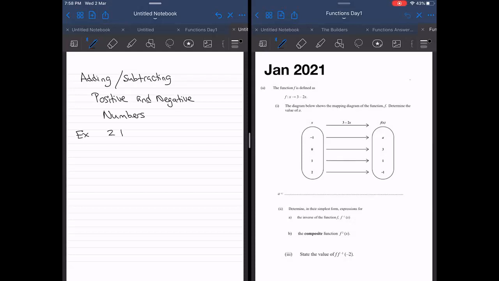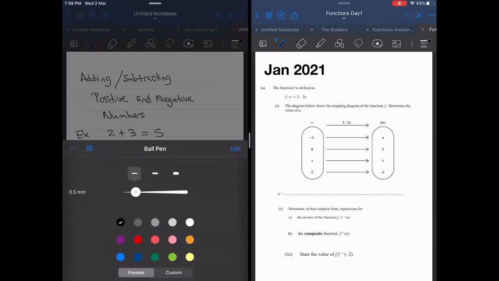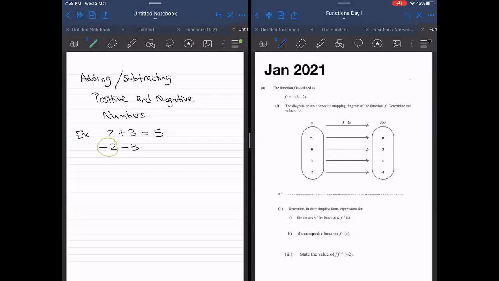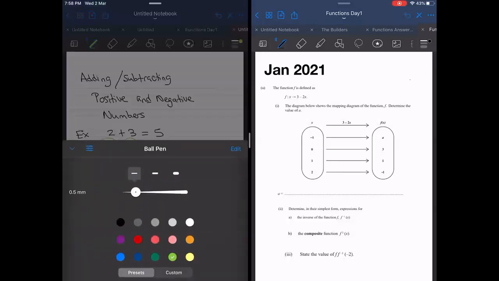For example, if we have 2 plus 3, we get 5. So the idea is that somebody gives you 2 apples and then they give you 3 more. In total, you have 5. If you have -2 -3, you want to imagine that somebody takes away 2 apples from you and then they take away 3 more.